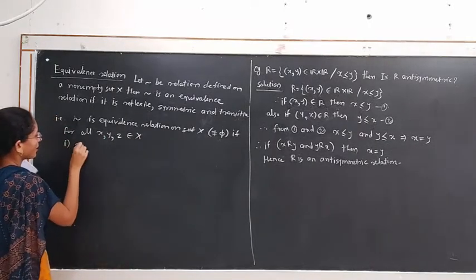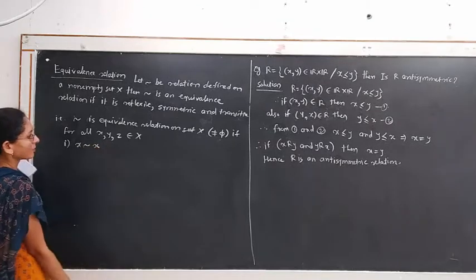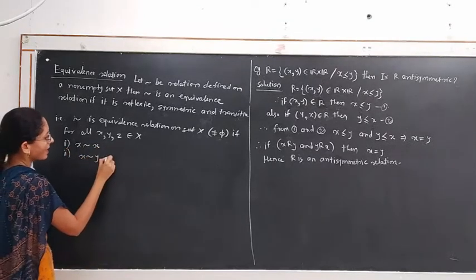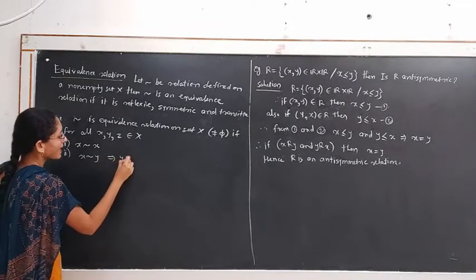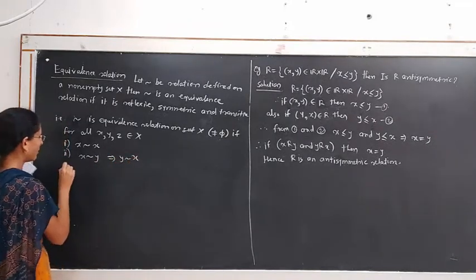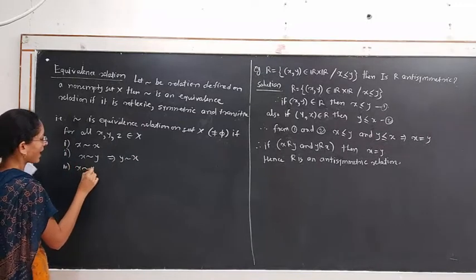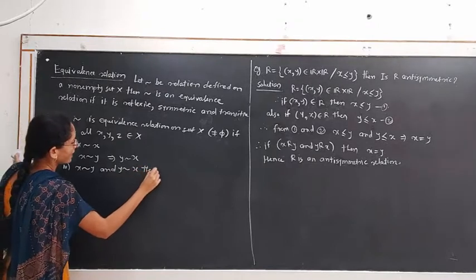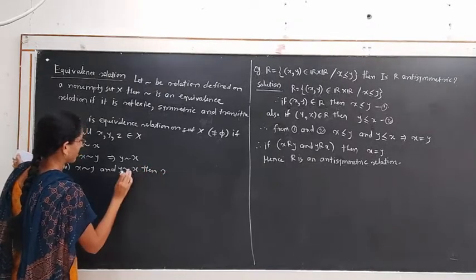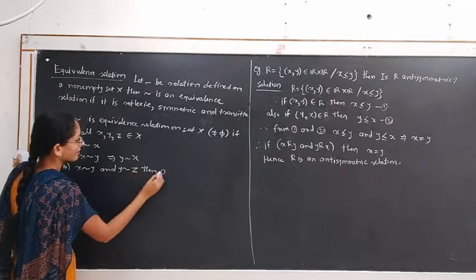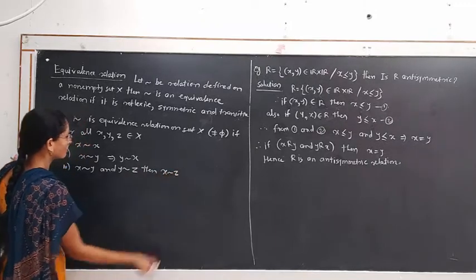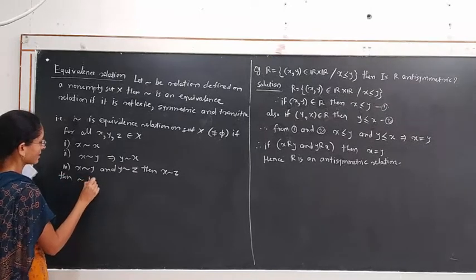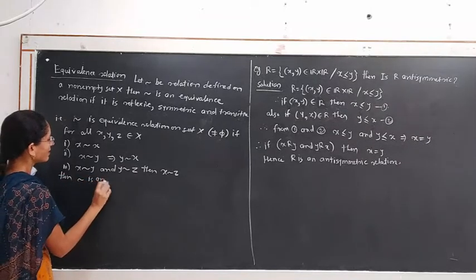First, x is related to x. Second, x is related to y implies y is related to x. And third, x related to y and y related to z, then x is related to z. Then this relation is an equivalence relation.